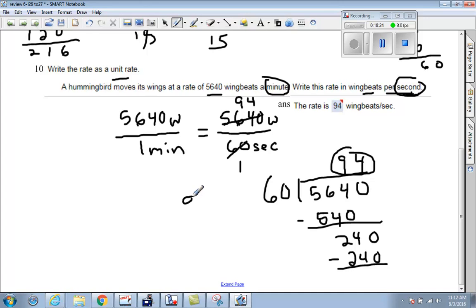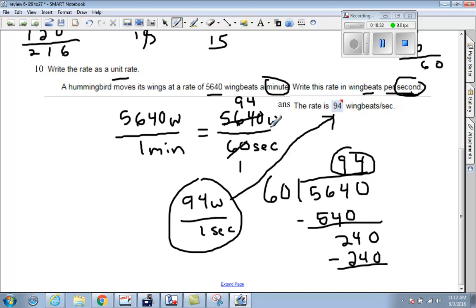So you do end up with 94 wing beats per 1 second. So you do end up getting a unit rate and getting this solution. Okay, so the big thing is the units. Here I was given a minute, but I need to replace 1 minute with what it is, which is 60 seconds. Hope that helps. I know conversions can be tricky sometimes.